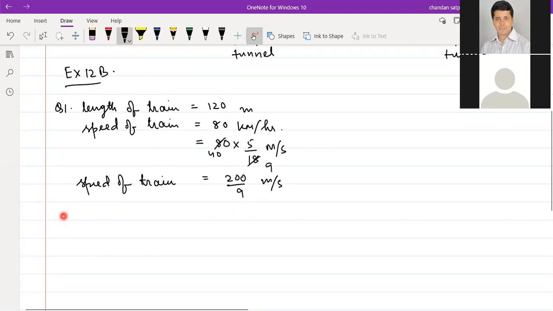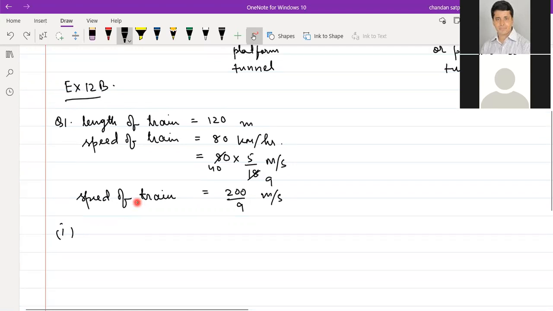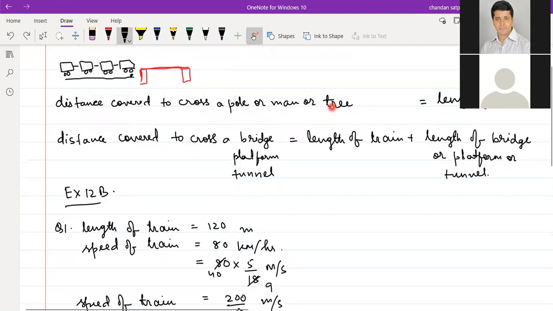Now you see, what is asked in part 1? Time taken by it to cross a standing man. So standing man means which rule will apply? I told you either man or tree or pole. What will be the distance required? Length of the train.